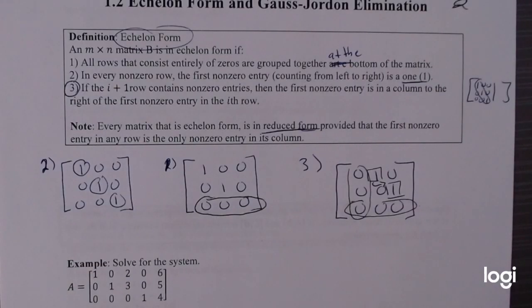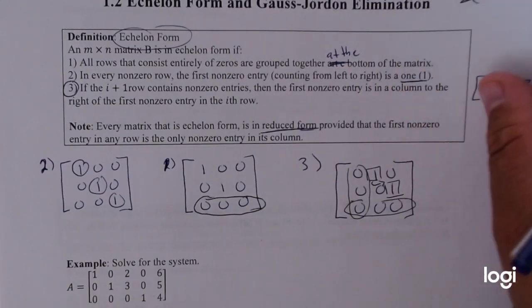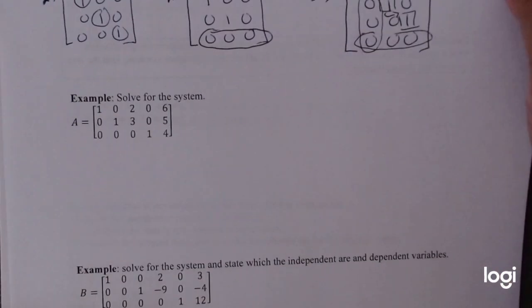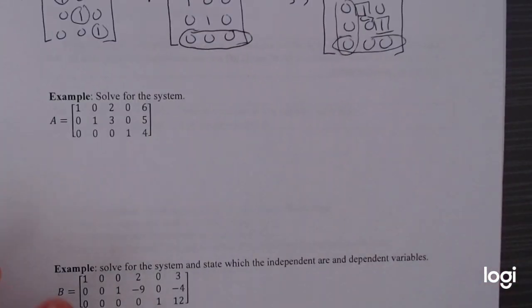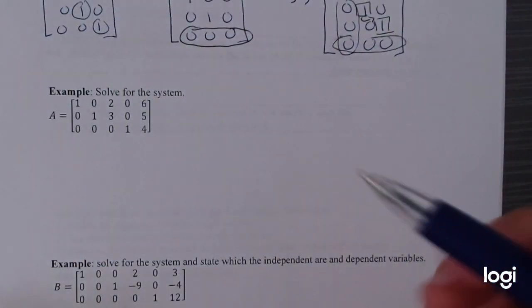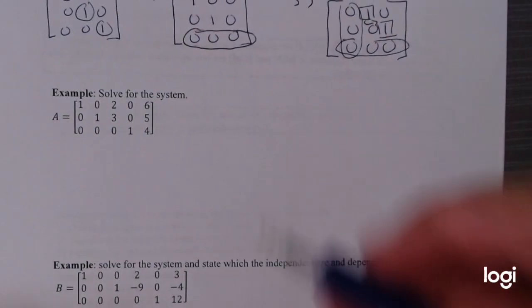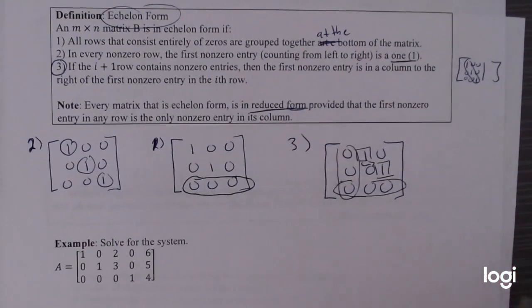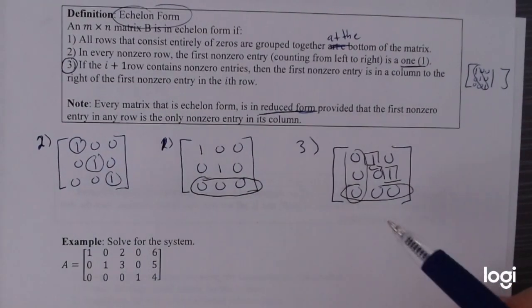Okay, so let's see an example of how this is going to work and how these are applied to solving a system of equations. So we want to solve for this system here. Now, let's see what we have. According to our rules, we want it in reduced form or row echelon form.